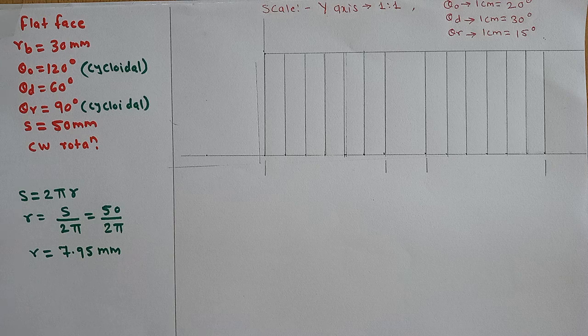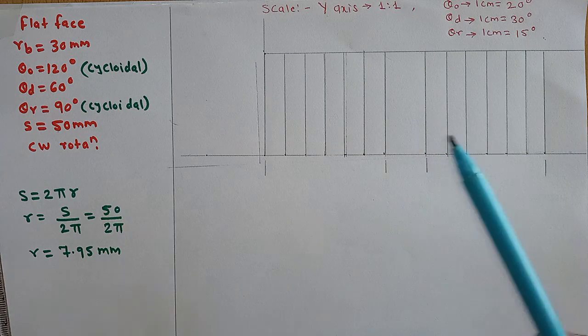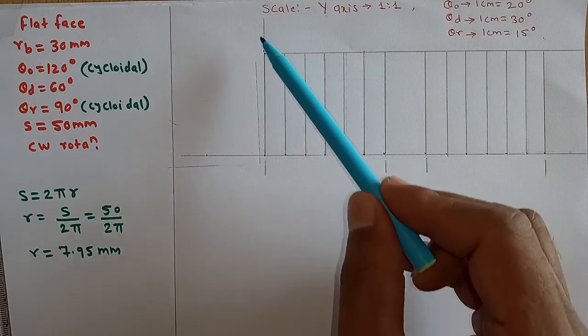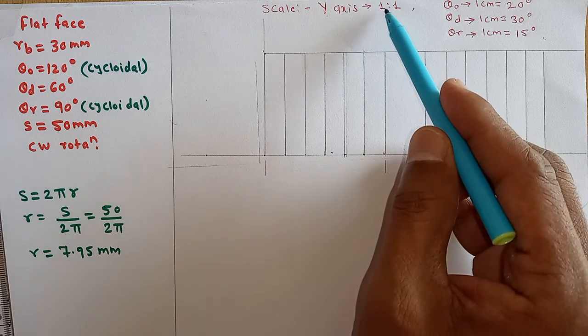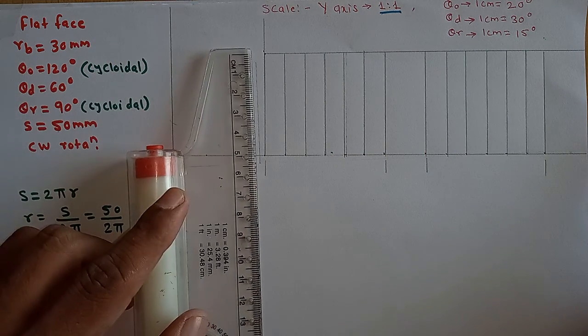So the first step is to draw the displacement diagram. In the displacement diagram, on y-axis we plot the stroke of follower, on x-axis we plot the cam rotation angle theta. So for y-axis, let us take scale of 1:1. Stroke length is 50 millimeters.